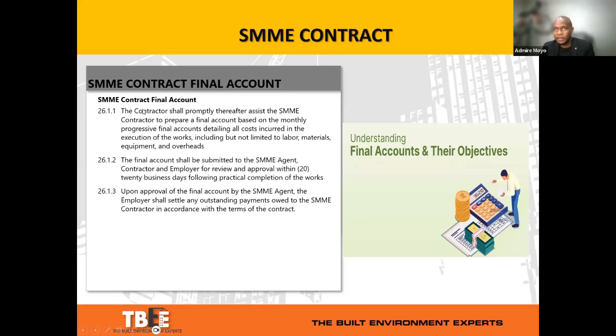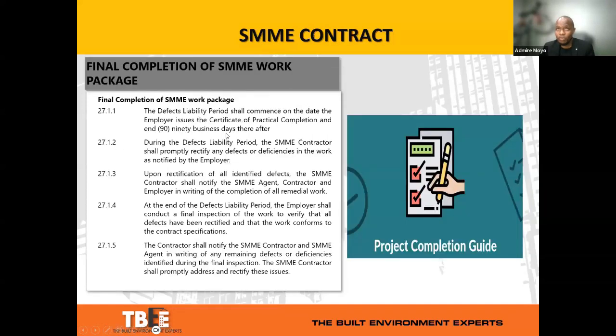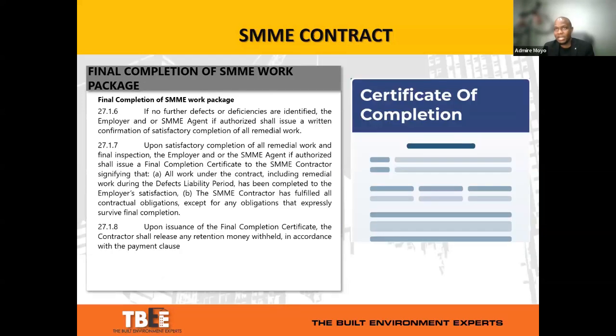So when it comes to the final account, we've indicated that the recommendation from the SMME contract point of view is to provide for stage-based final accounts on an ongoing basis, so that there's an alignment between expectations and the reality of what the SMME contractor is going to obtain. And then that leads to a seamless final account process.